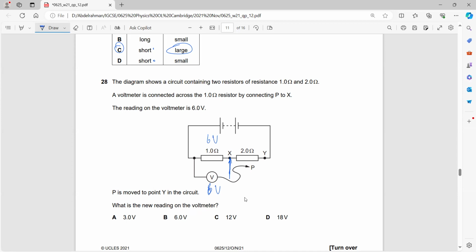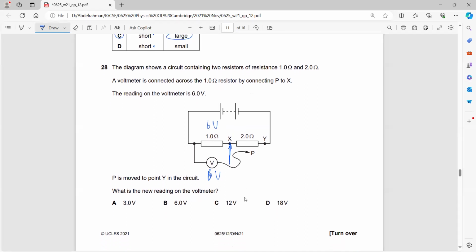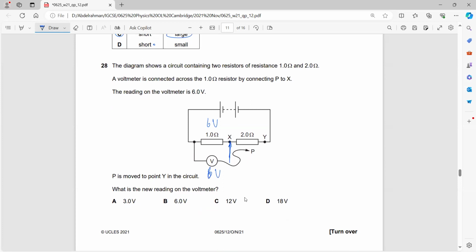What you should know is that the resistance and the potential difference are directly proportional. So when you increase the resistance, the voltage increases.